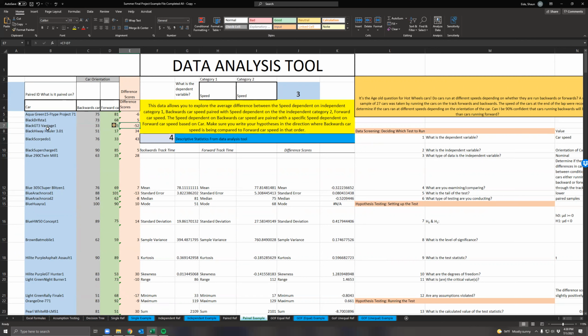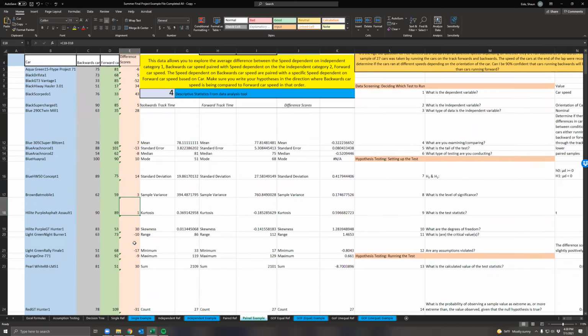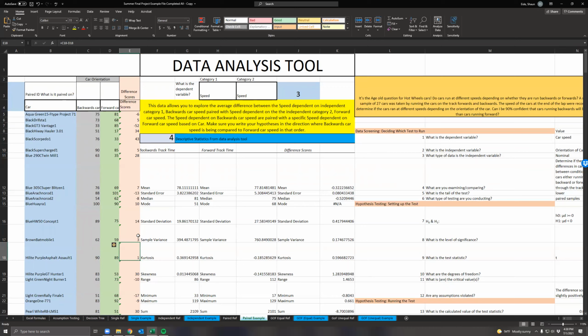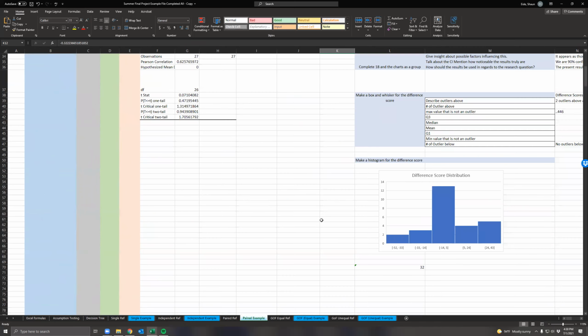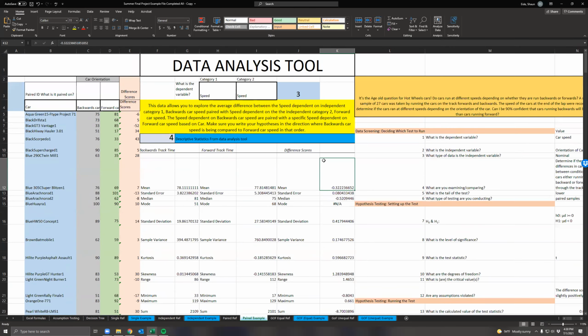The Black GT3 Vantage 1 was 52 miles an hour slower when it went forward, or sorry, faster when it went forward. And so we have a difference score calculated for all of these. And so really what we're looking at for more than anything is just the difference score, which it appears to me that I definitely need to redo pretty much, well, just this, and you'll see why.